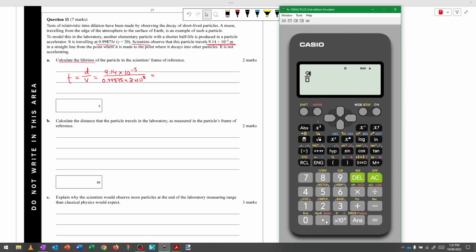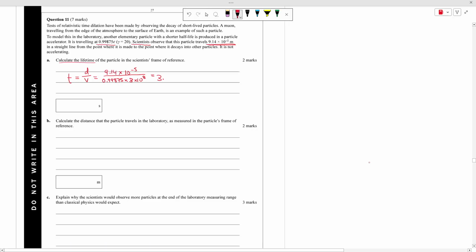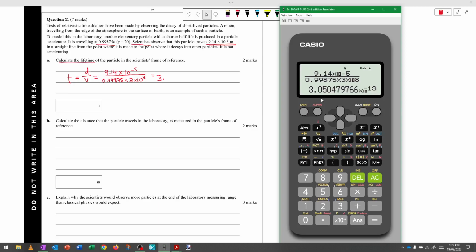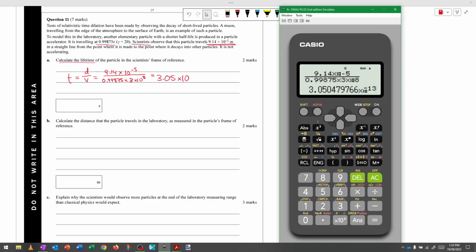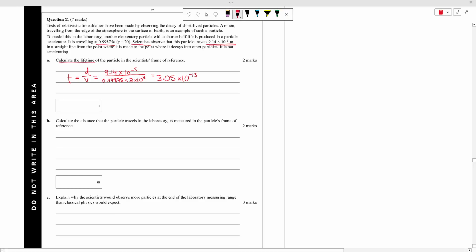Okay, so 9.14 times 10 to the negative 5 over 0.99875 times 3 times 10 to the 8. There you go. So 3 significant figures: 3.05 times 10 to the negative 13 seconds.